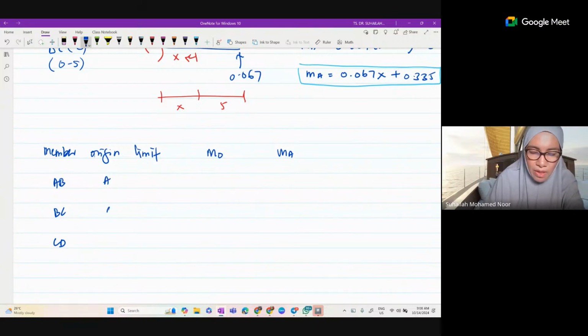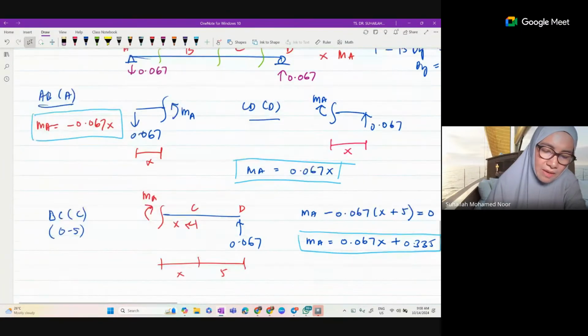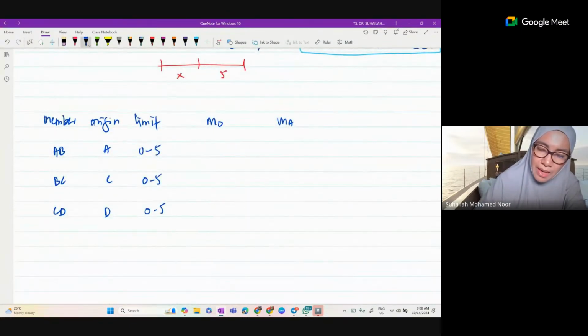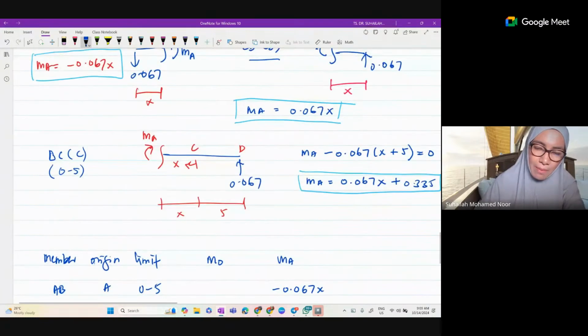Origin kita A, origin C, origin D, limit 0 to 5, 0 to 5, 0 to 5. So yang ni kita pindahkan AB: negative 0.067x, negative 0.067x, negative 0.067x plus 0.335.